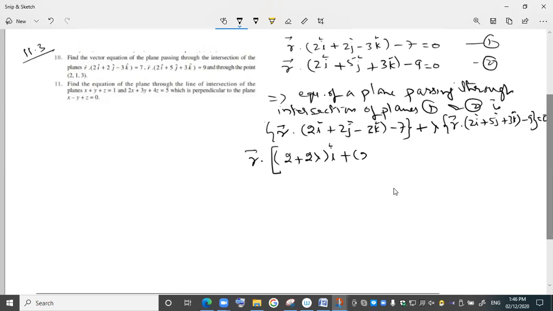Then 2 plus 5 lambda j cap, plus here minus 3 and 3 lambda. So because of 3 lambda positive, 3 lambda first we are writing, 3 lambda minus 3k, and now bring the constant terms right hand side. This is minus 7 will come right hand side and 9 will come right hand side, 9 lambda plus 7.